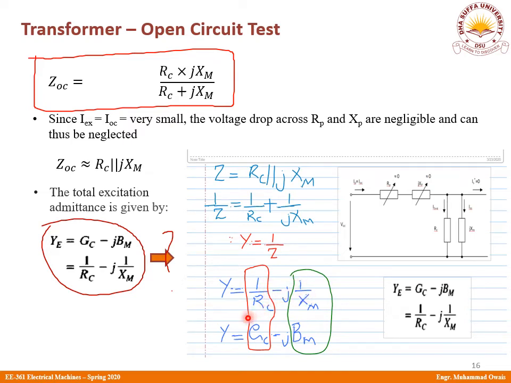So we define these two parameters as Gc and Bm. If we compare these two together, we will see that Gc is equivalent to 1 over Rc and Bm is equivalent to 1 over Xm, where Gc is the conductance while Bm is nothing but the susceptance.